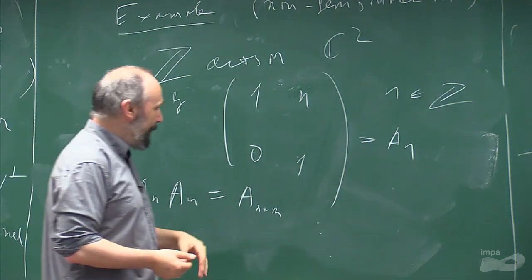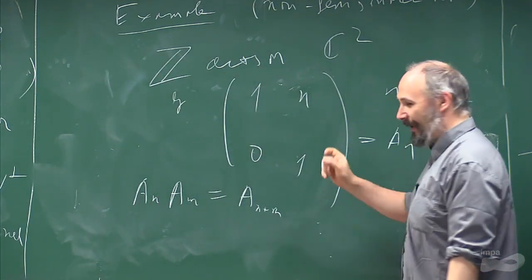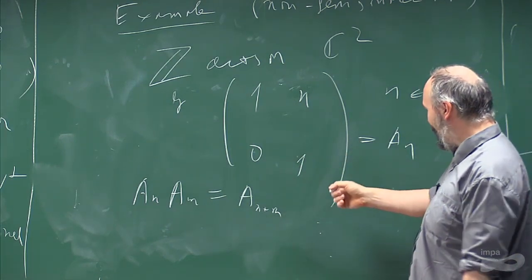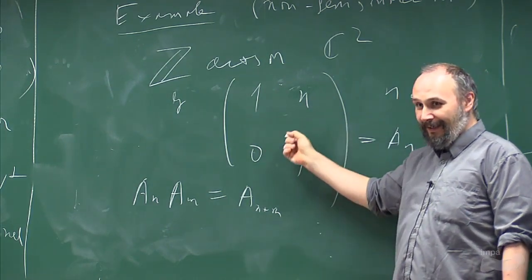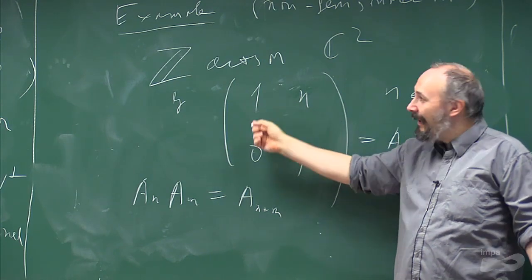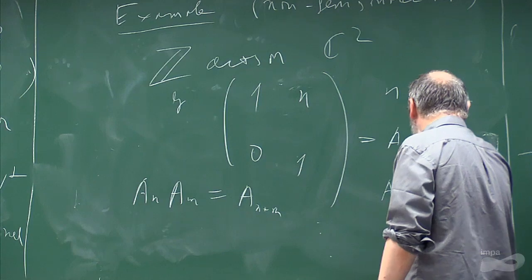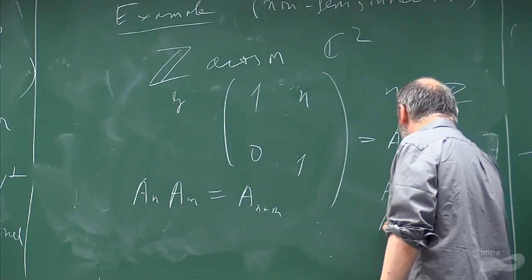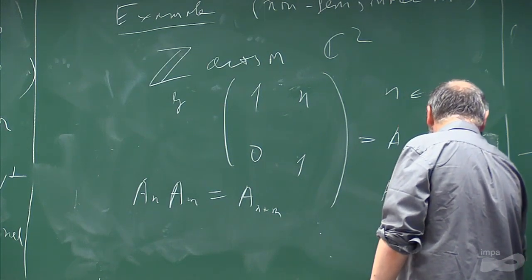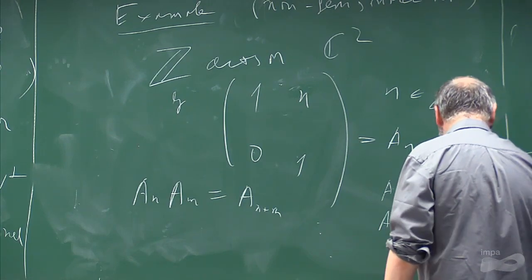But it is not irreducible. It has a sub-representation, namely there is a vector where these matrices act by identity, one of the basis vectors. So a_n of x is equal to x, and a_n of y is equal to nx plus y.